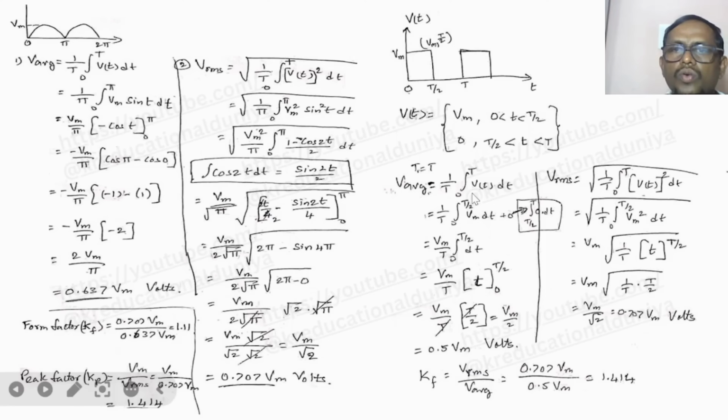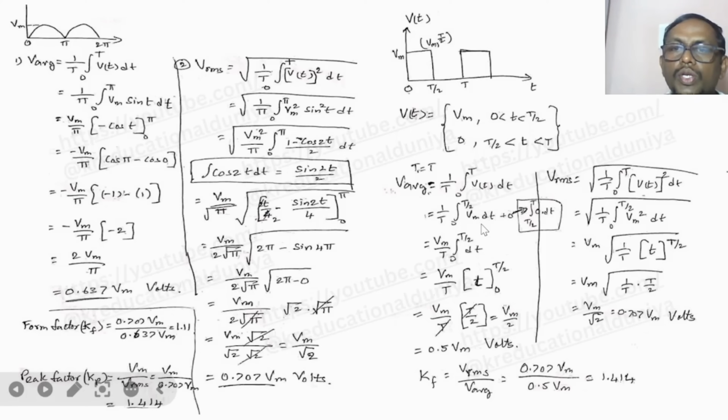So now I am applying V average. V average equal to 1 by time period, integral 0 to T, V of t dt. So here V average equal to 1 by T integral 0 to T by 2, so instead of time period I am taking T by 2, Vm dt.